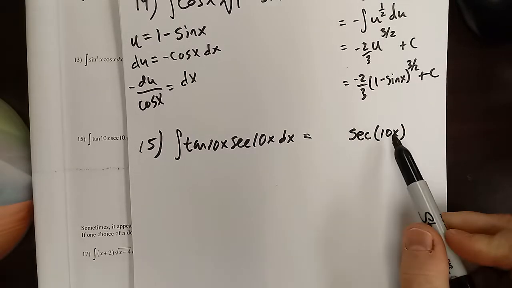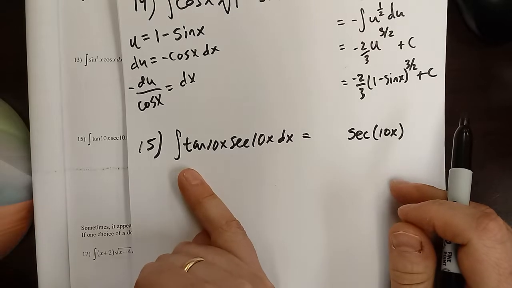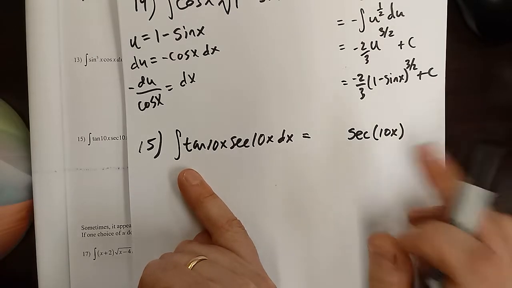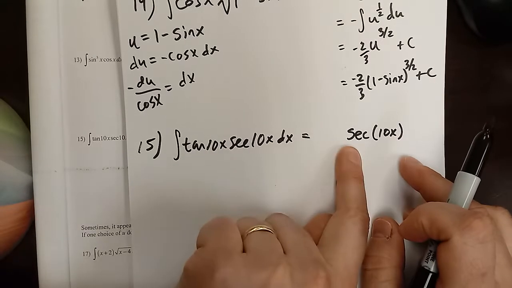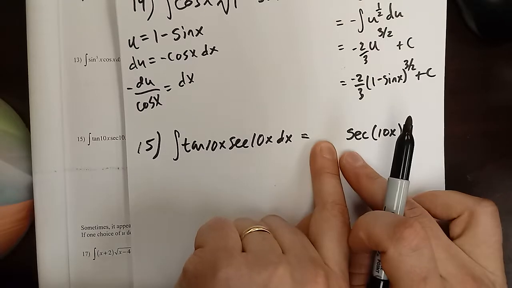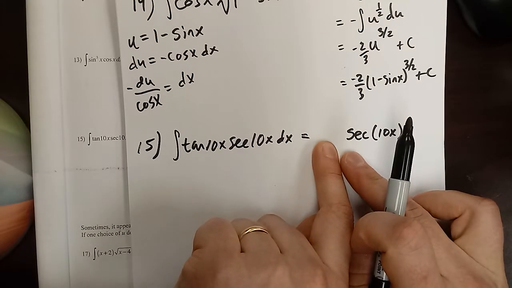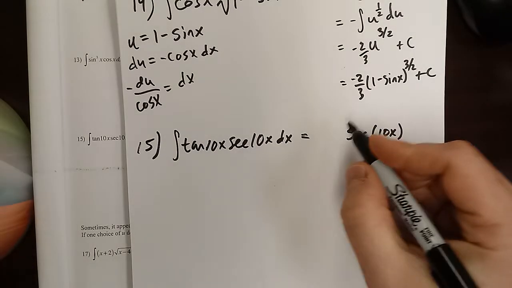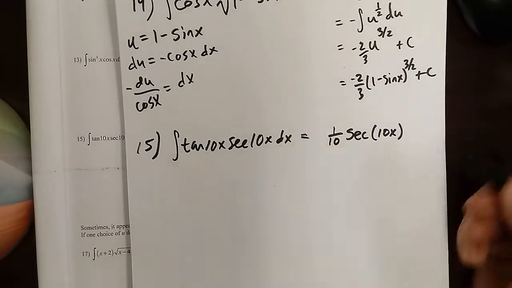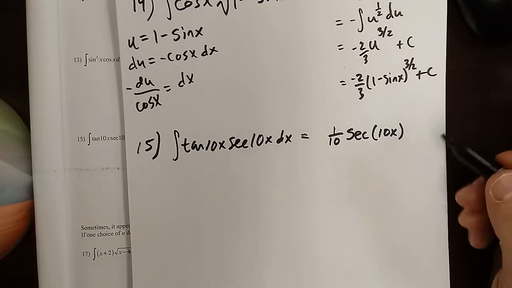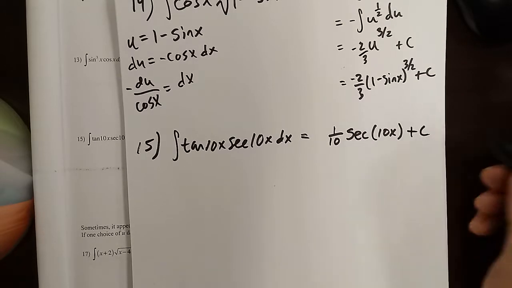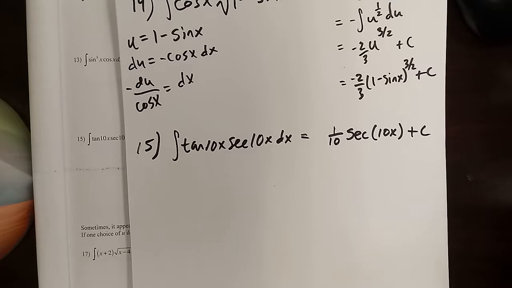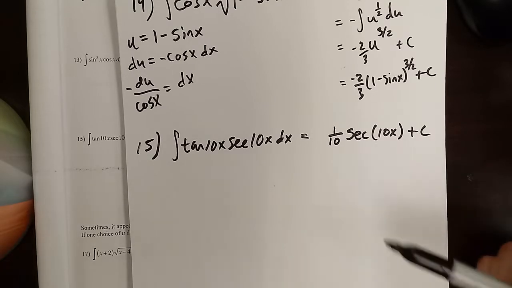If I take the derivative of this, I get this. Except if I were to take the derivative of this, because of the chain rule, that 10 would pop out. So to pre-cancel that 10, I've got to throw a 1/10 out front. And so I can get my answer without doing any work.